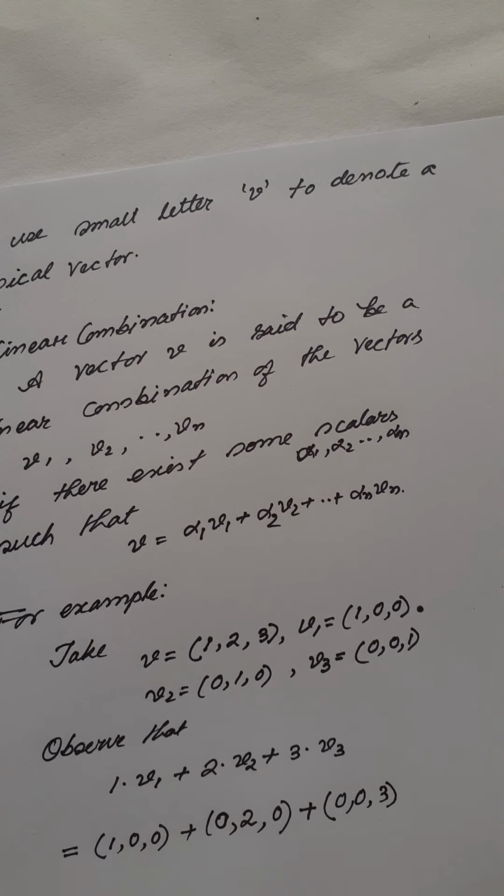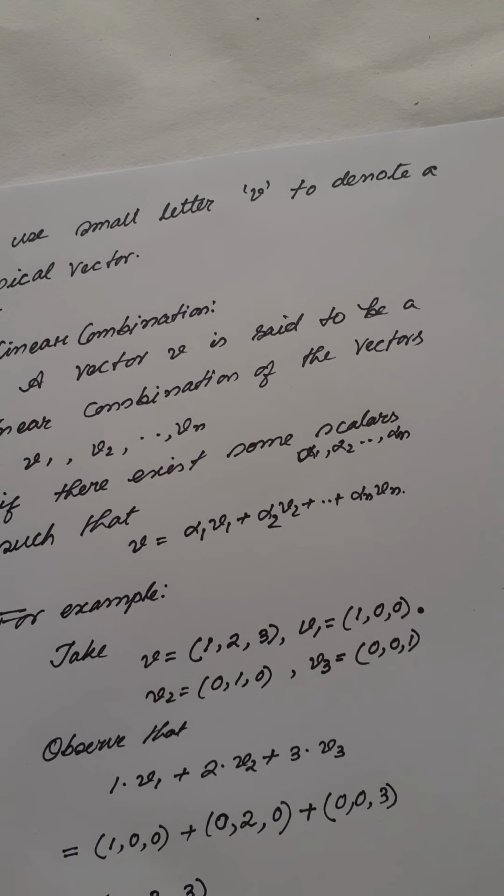When we add them, we add component wise. So the first component is 1 plus 0 plus 0, that is 1. Then 0 plus 2 plus 0, that is 2. 0 plus 0 plus 3, that is 3. And this is nothing but v.